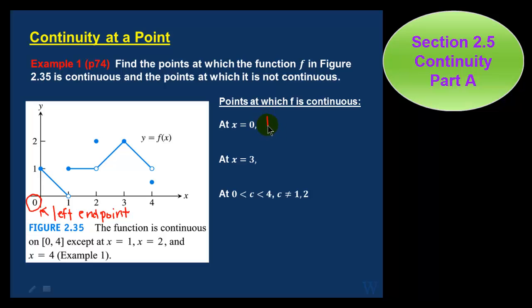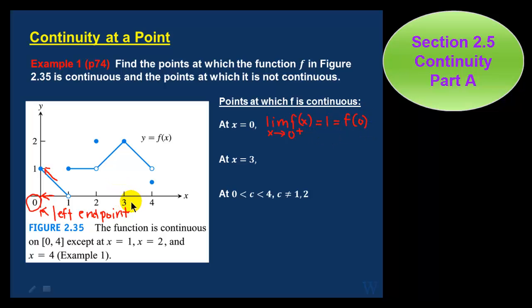We take the limit of f of x as x approaches 0 from the right. Here I have all my x's approaching 0 from the right. And where do my y values approach? The y values approach 1. And it turns out that f of 0 is also equal to 1.